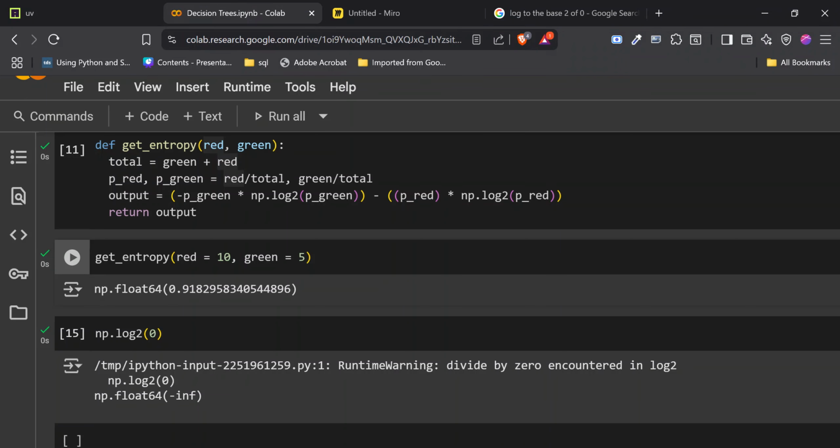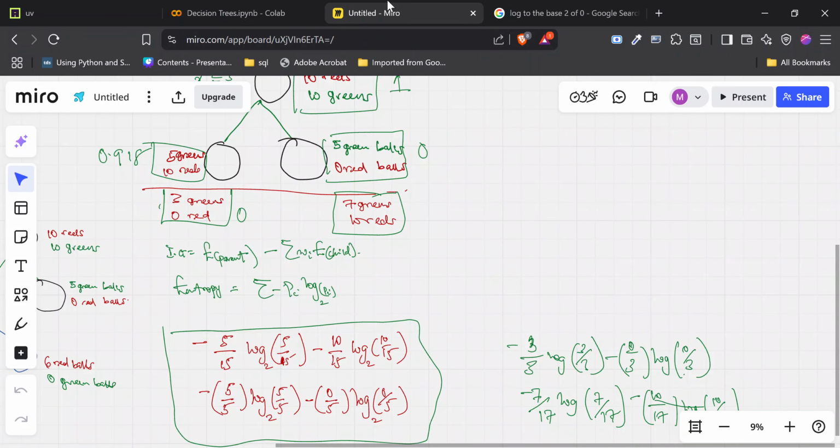So here is 7 greens, 10 red. So we run that, get the entropy of that, and 0.977. So we come here and say 0.977. So that's for this one.